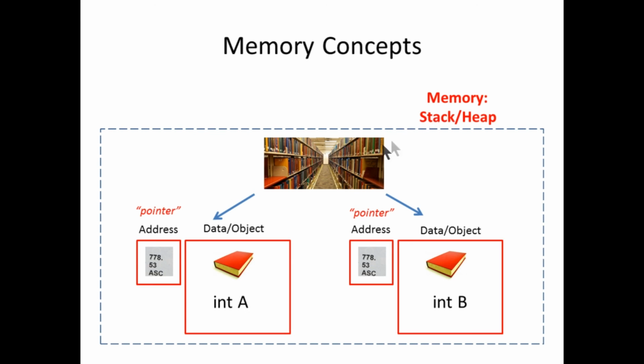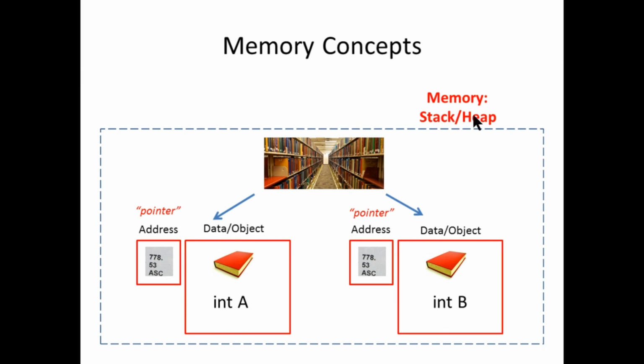Part of your memory is arranged in stacks and heaps, which basically means you have pointers, which are addresses that point to objects in memory. For example, if you have an integer, you have a pointer to the location of that data, which is the value of the integer in your memory. So that library with stacks and heaps also applies to the memory in your computer.